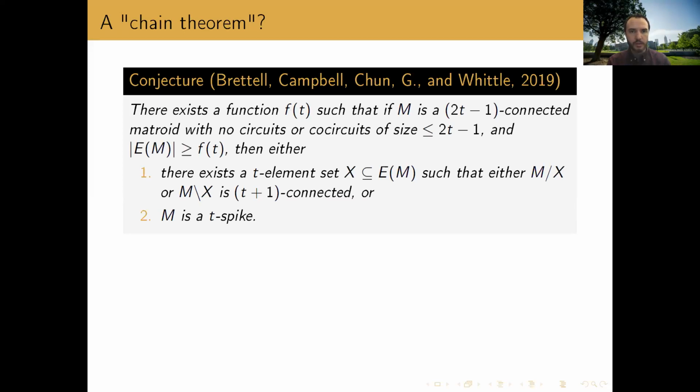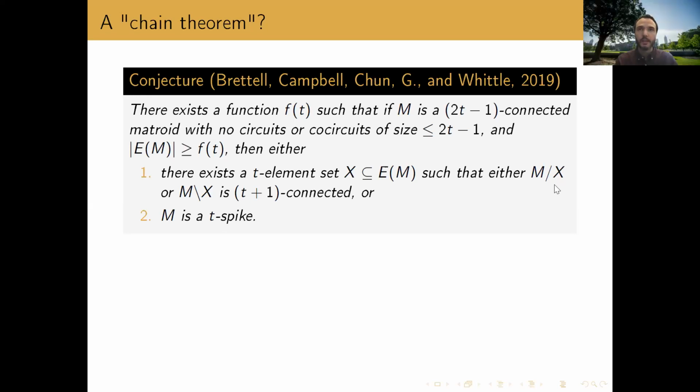Any other questions? It's probably, I mean, when you delete, every time you remove an element, the connectivity goes down by at most 1. So somehow, because there are pairs, I guess that's affecting the result. Instead of going down by t, it's going down by only t minus 2.